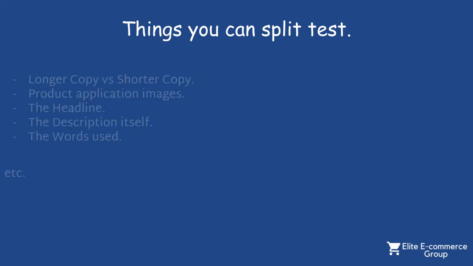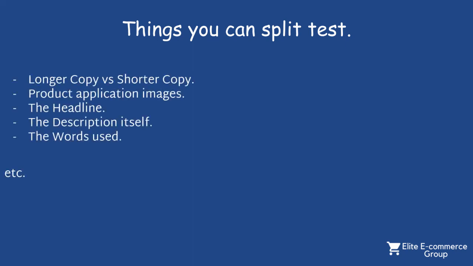All right, things you can split test: longer copy versus shorter copy, product application images, the headline, or in this case not the main headline but the first two lines I showed you earlier, the problem, solution, grand claim kind of line. The description itself can be changed and tweaked. The words you use can be changed and tweaked.